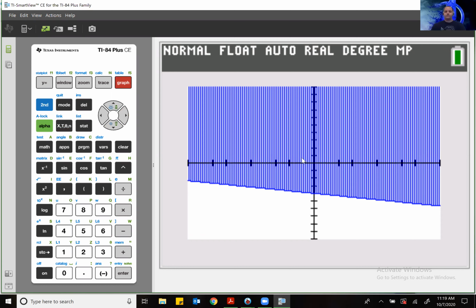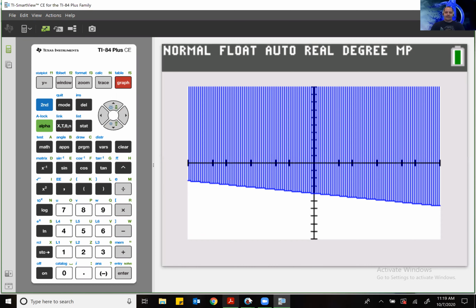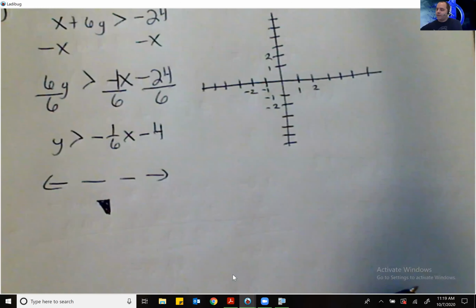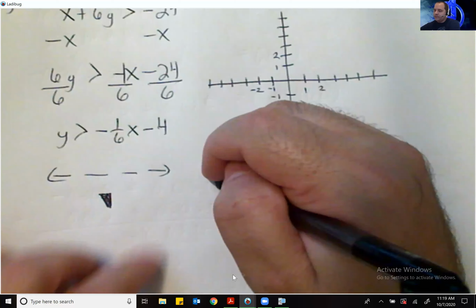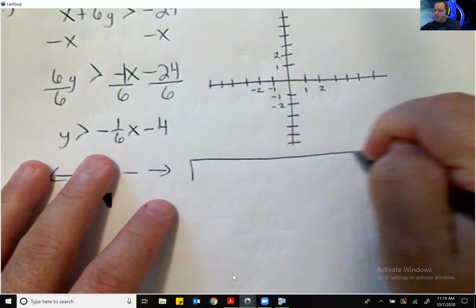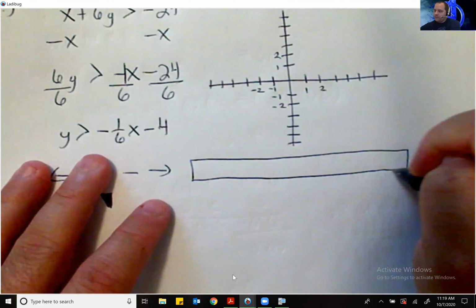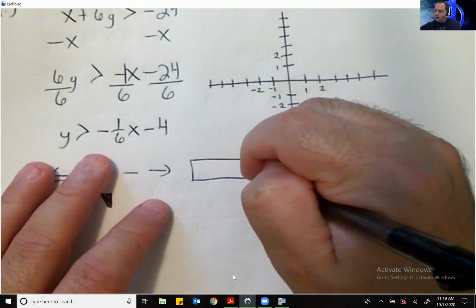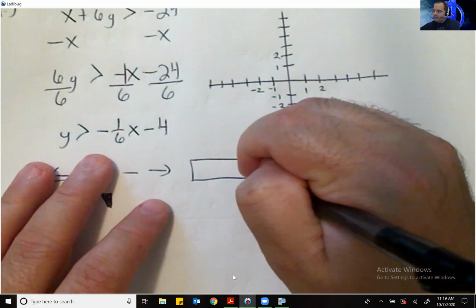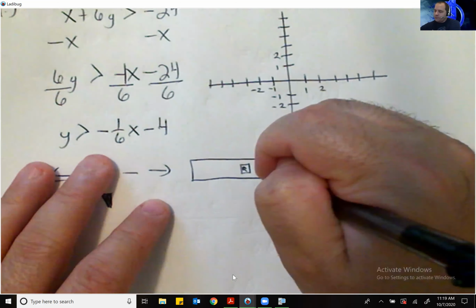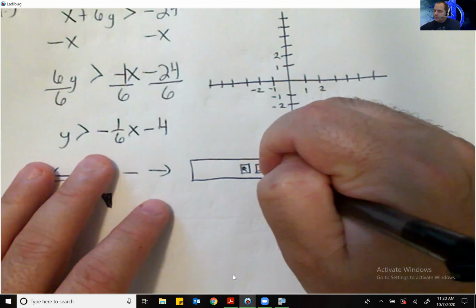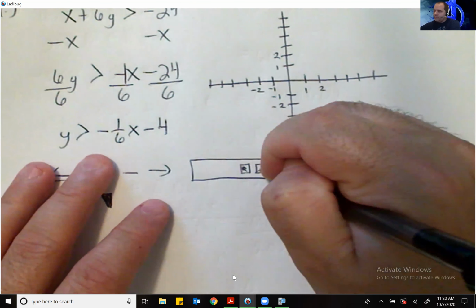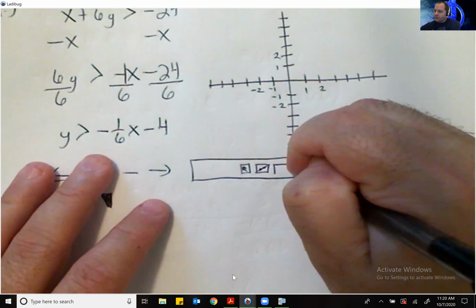So let's talk about My Math Lab real quick and what's going to happen. The moment you click on the graph, you've got your toolbar down here. You've got your select tool with the arrow, your line tool, and your quadratic tool, and so on.